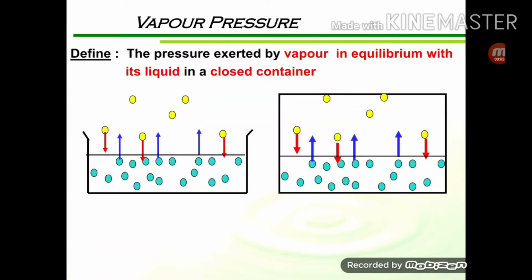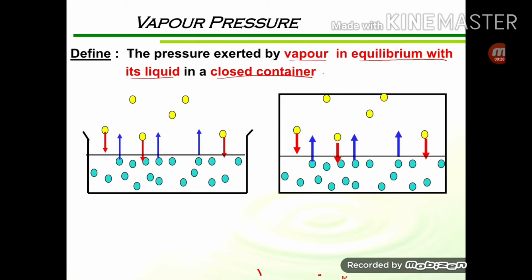Vapor pressure. Vapor pressure is the pressure exerted by vapor in equilibrium with its liquid in a closed container. Once equilibrium between the liquid and vapor is reached, the number of molecules per unit volume in the vapor does not change with time.